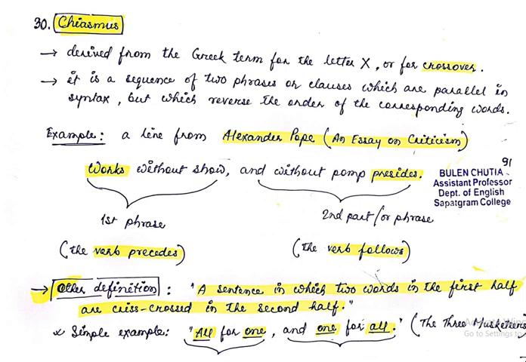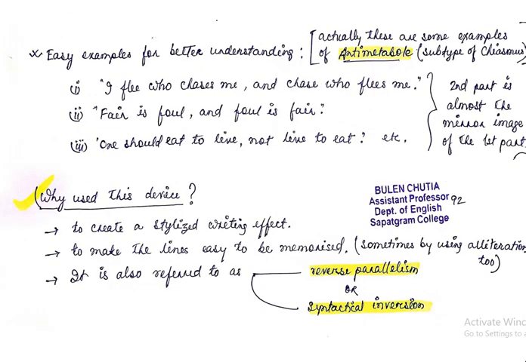Try to remember. Now, coming to some other examples, which are very easy examples. It will become helpful for you to remember what chiasmus actually is. Number one, I flee who seizes me, and I seize who frees me.